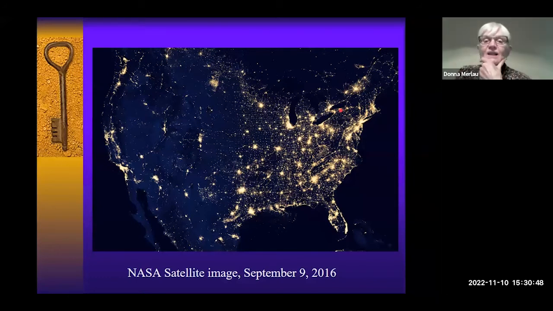Do you see any grid-like patterns on this map? There's grids there because when it was settled, they set up things in a grid-like pattern, right, from the Northwest Territory. And so their street patterns and their settlement patterns were based on township and range.